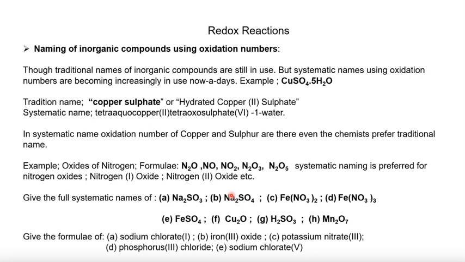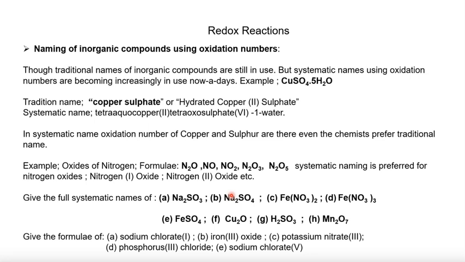Well, we also find naming of inorganic compounds using oxidation number. You see, there is a traditional naming system in inorganic compounds as well as a systematic naming system. Systematic naming means that IUPAC, the International Union of Pure and Applied Chemistry, has a nomenclature division.